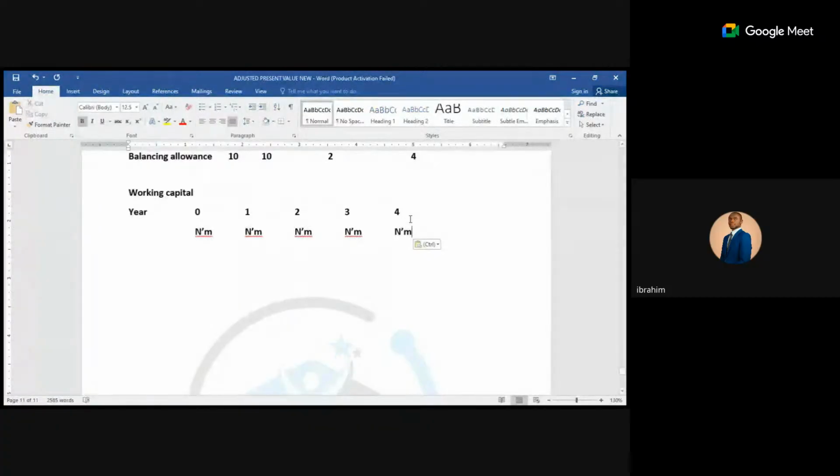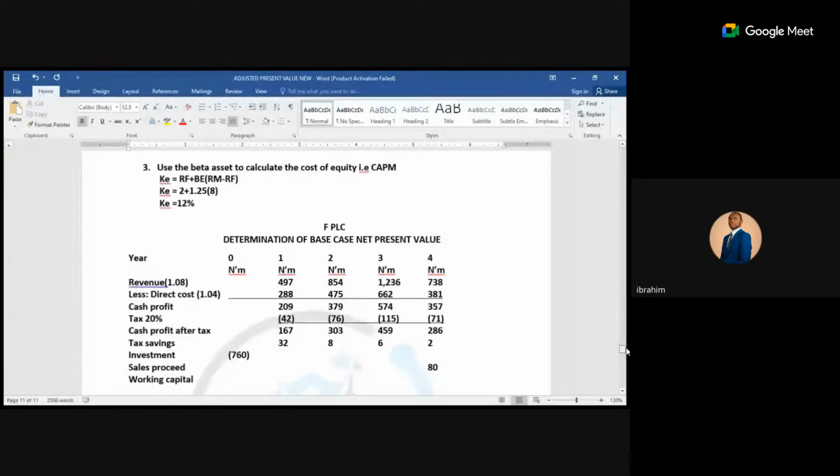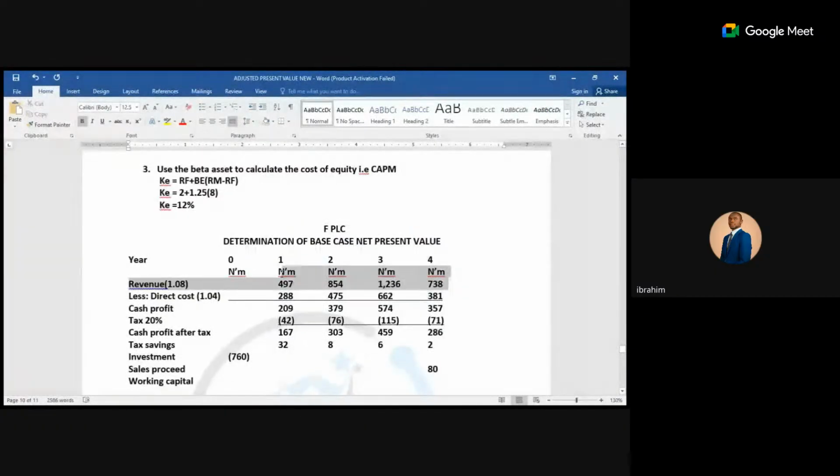So we can have sales or revenue. I need to copy the revenue for each of the anticipated years, so we can have our working capital.